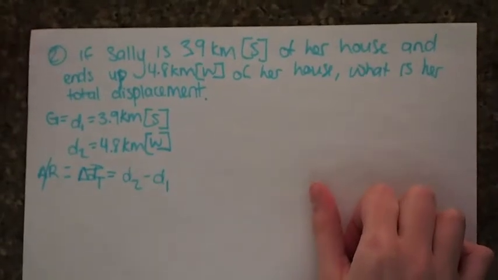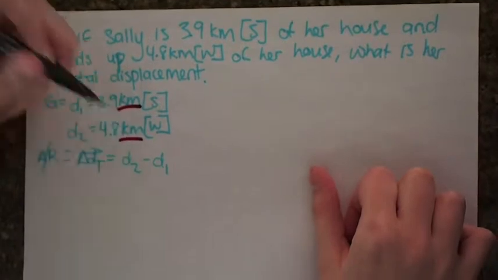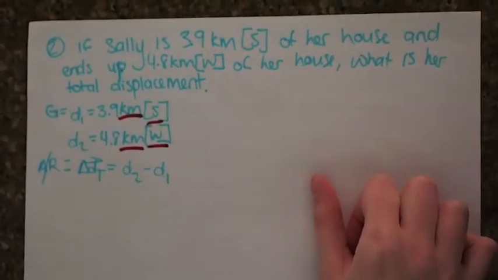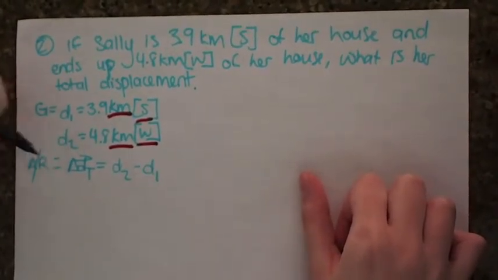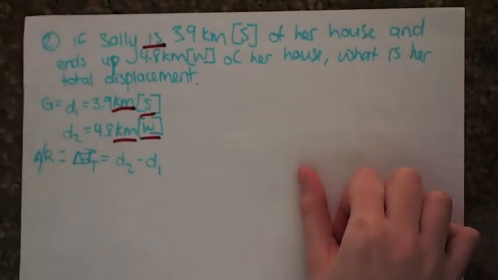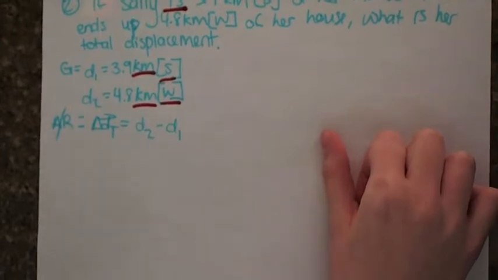For sample number 2, I wrote out the givens. First of all, we match up the kilometers again, but we notice that the south and the west do not match up. So we put our equation, delta D total equals D2 minus D1 because of the word is. However, we don't like subtraction when it comes to kinematics.